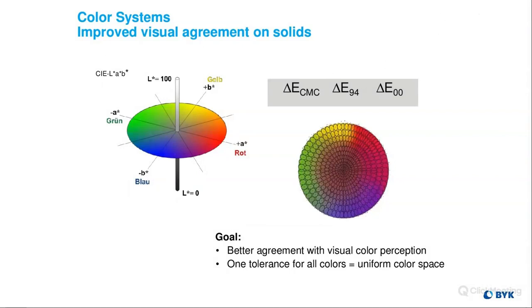How does a D8 measurement versus a 45-0 factor into this? I know we've done some different presentations on that, but essentially they're different measurement techniques. 45-0 has a sensor directly overhead with illumination coming from the side, or vice versa. Whereas D8 uses the sphere technology, a sphere inside the measurement apparatus that's coated in white.